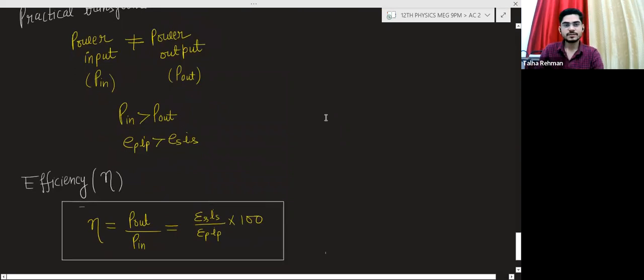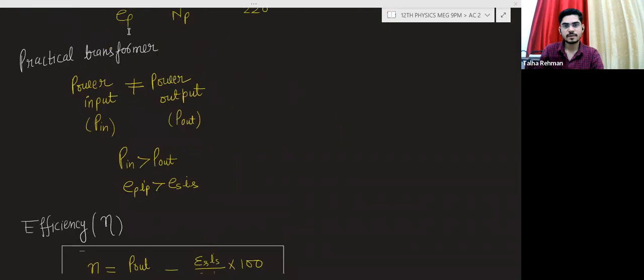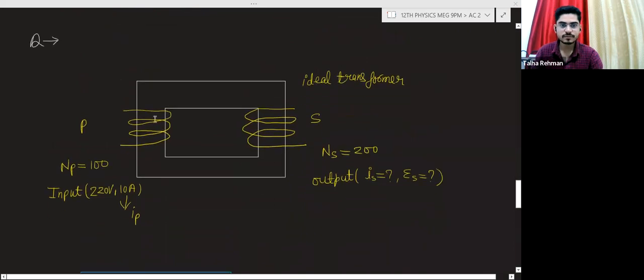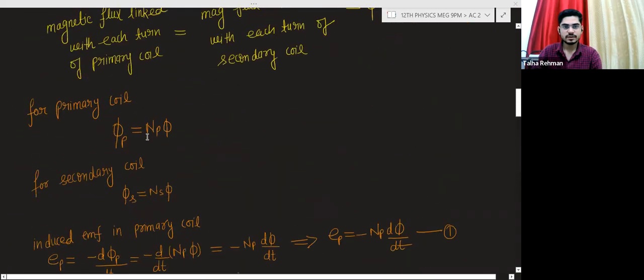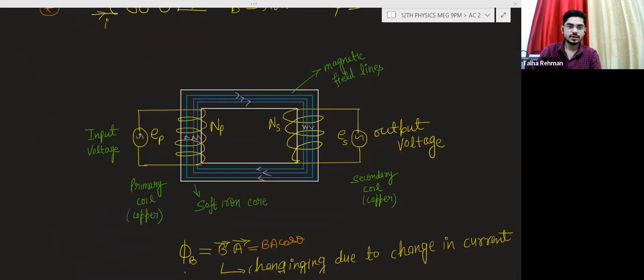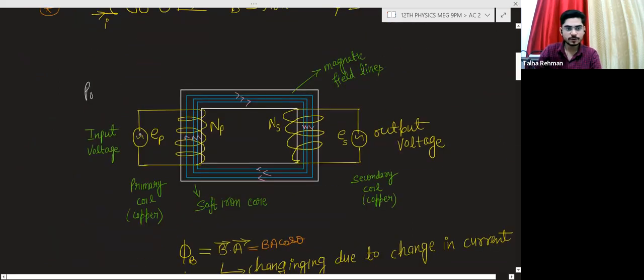So now this chapter is finished. Write down this. Efficiency means, see here. Suppose this is the transformer. Here you have applied the power. You have supplied the input power to this.